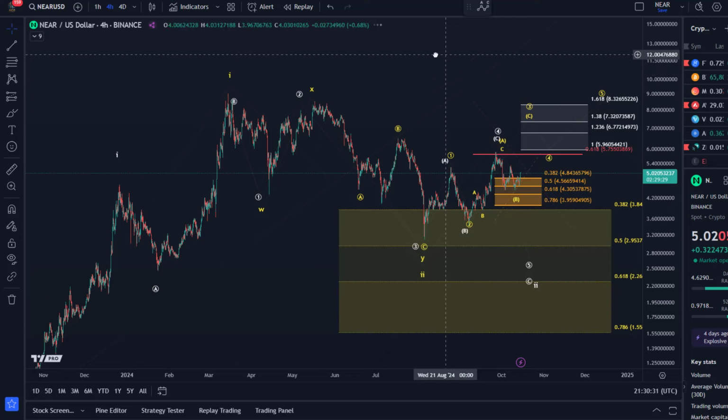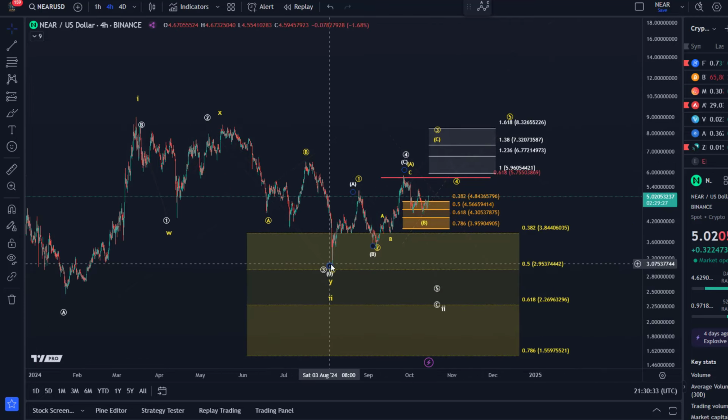Overall, to get some very clear probabilities that the larger wave 2 bottomed on the 5th of August in the yellow scenario, all 5 waves to the upside need to complete to, let's say, 8.33, and then a 3-wave pullback would be the next setup. 5 waves up, 3 waves down, basically a rally and a higher low, okay? And that's sort of what we're tracking here on this chart.